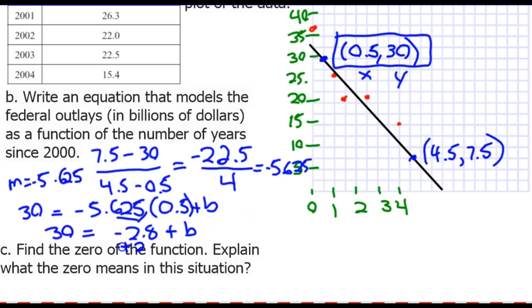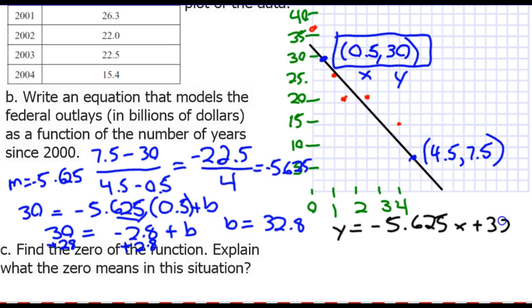I would add 2.8 to both sides, and my b is going to equal 32.8. So my equation then would be y equals a negative 5.625x plus 32.8.